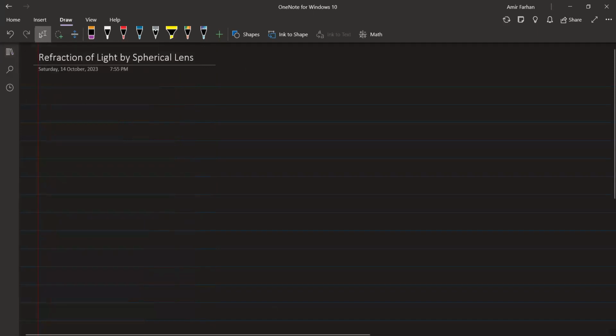That is our new topic. Let me paste this picture of the two lenses which we are going to cover, because my drawing is not so good, so that's why I'm pasting the pictures of the two lenses.